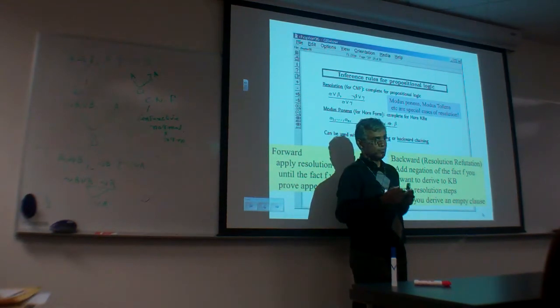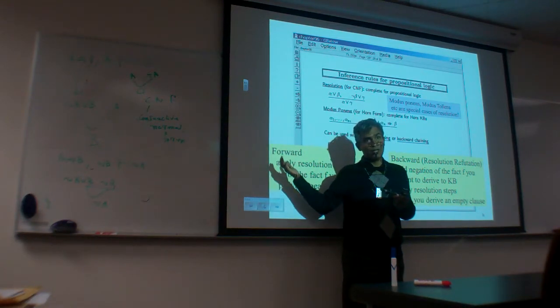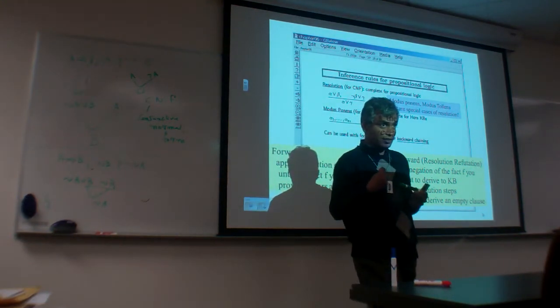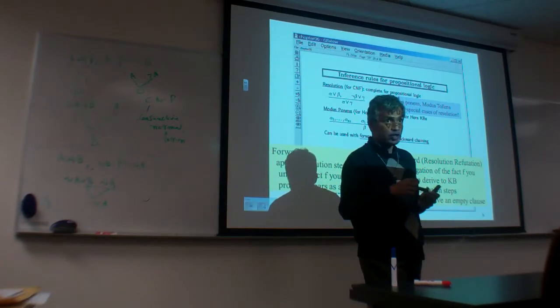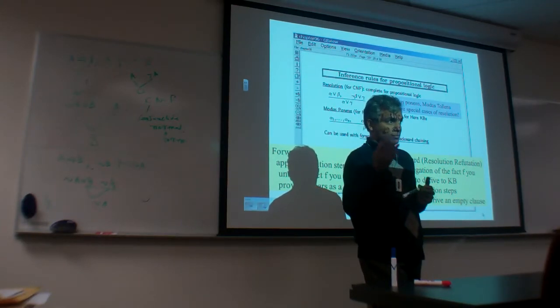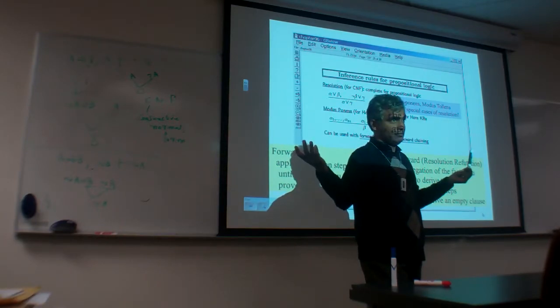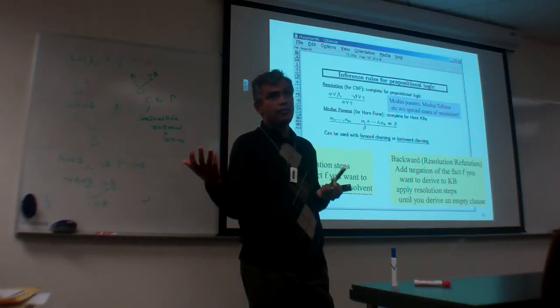In general, theorem proving is not supposed to be easy. Why? Because we pointed out at the end of last class that for propositional logic, theorem proving is basically equivalent to saying a particular knowledge base has no models. The knowledge base KB plus not beta has no models. So theorem proving is the conjugate of the Boolean satisfiability problem.